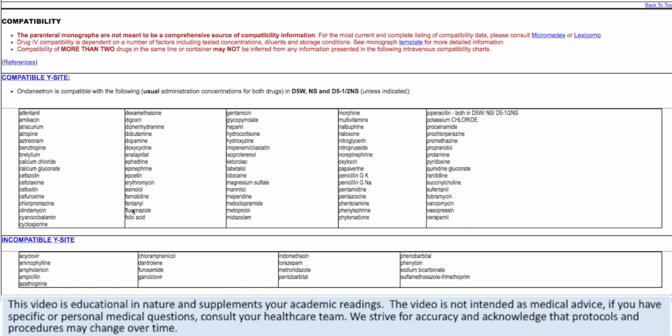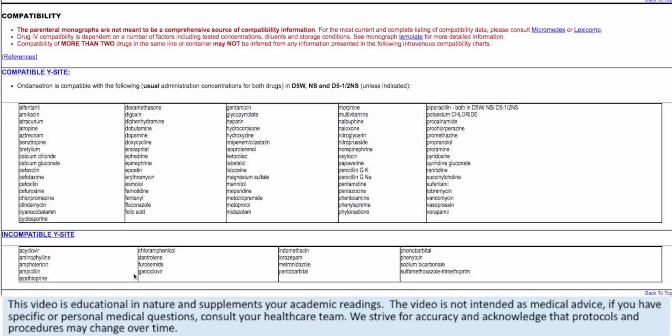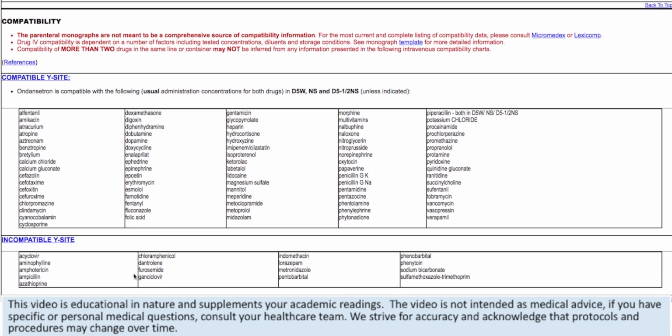We would look first through our compatibility, looking for furosemide. I do not see it there. I'm going to go to my incompatible section, and there I see furosemide, which means these two drugs could not be in the same line because they will cause a reaction. They might cause some precipitate. So that means I need to then infuse my ondansetron after the furosemide and after the flush of that line, or in a separate line by itself.